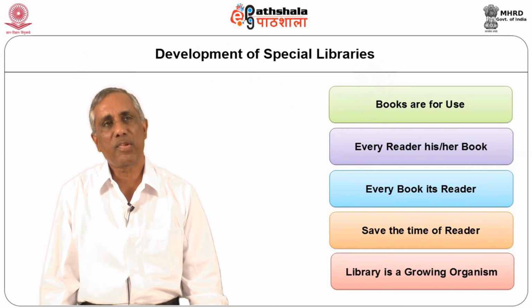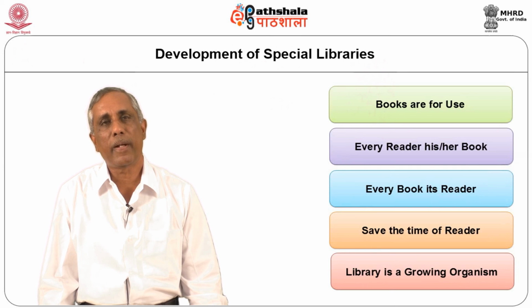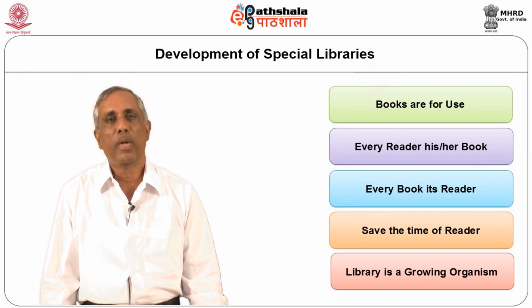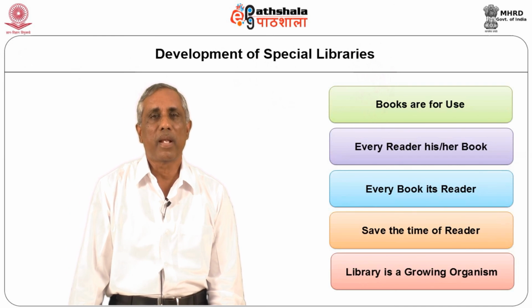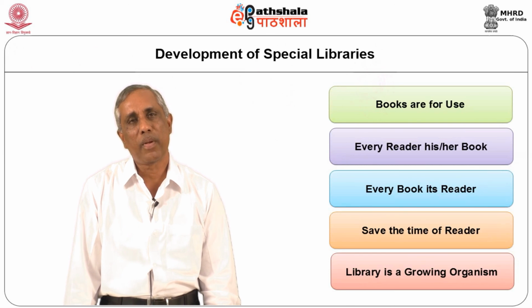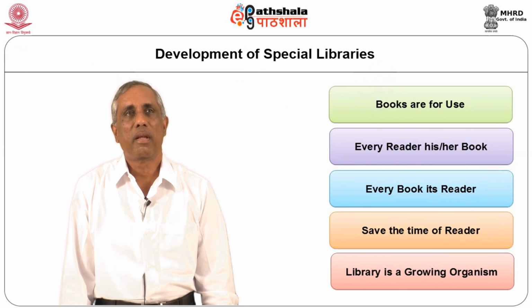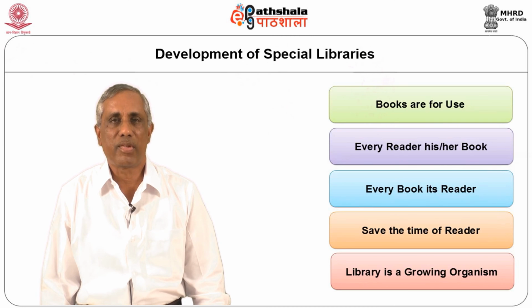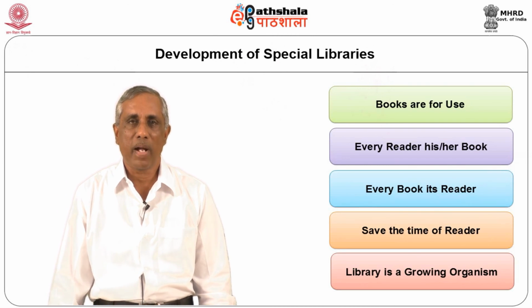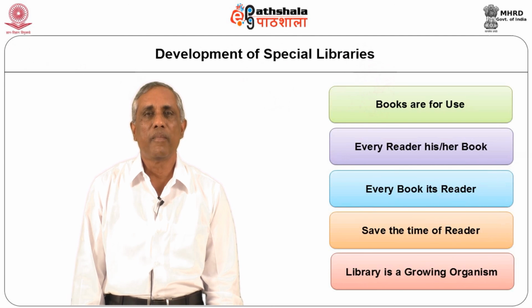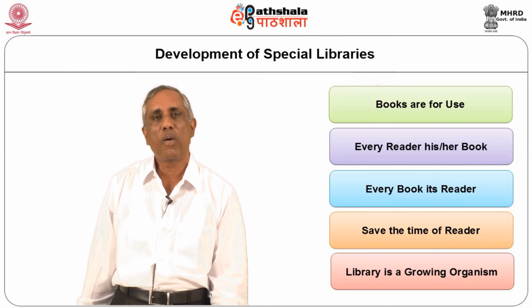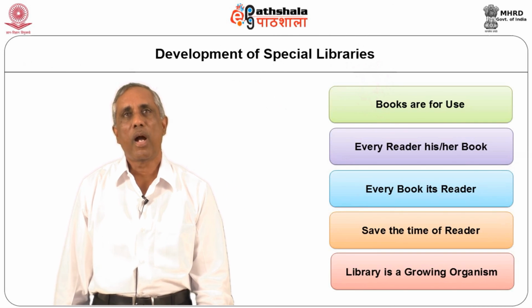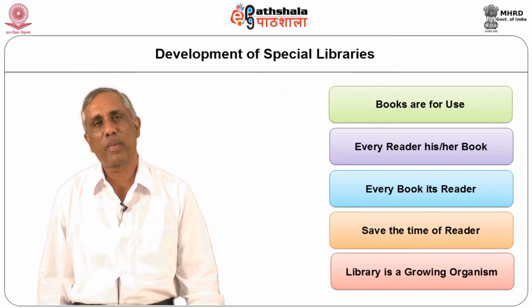I stress here, the most appropriate users will benefit with the help of special libraries. Otherwise, if the librarian does not develop properly, his efforts are surely wasted. Hence, the librarian has to keep in mind the five laws of Ranganathan's philosophy, how we have to develop, and we have to satisfy all five laws of library science.